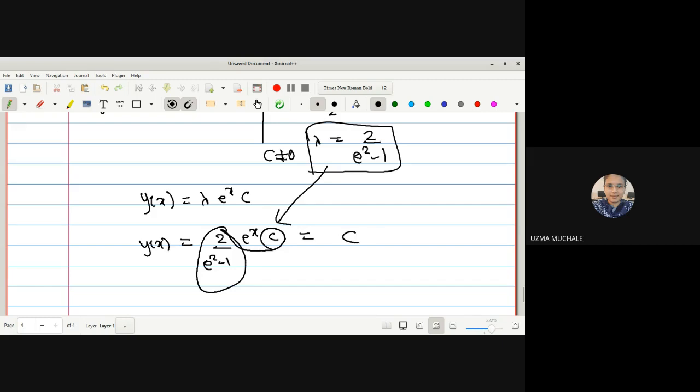We can rename this as some constant, say c1 e raised to x. And hence we can say y of x is equal to c1 e raised to x is a solution corresponding to lambda equal to 2 upon e square minus 1. That is, we can say this is a non-trivial solution.